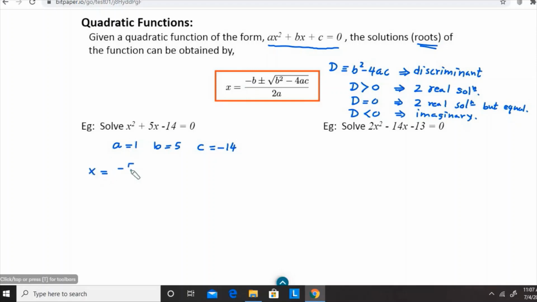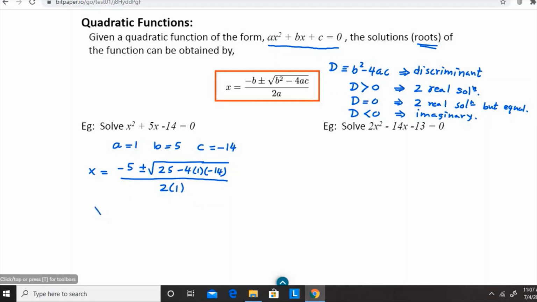I'll have minus 5 plus or minus square root of 5 squared, which is 25, minus 4 times 1 times minus 14. And then the entire thing has to be divided by 2 times the coefficient of the first term, which is A equals 1.